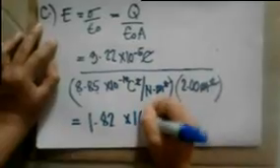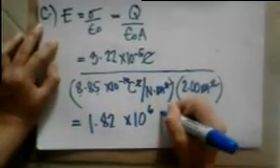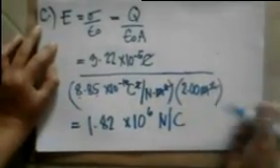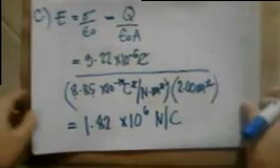Cancel m squared here, cancel our C, and we have 1.82 times 10 to the 6 newton per coulomb. This is now our electric field.